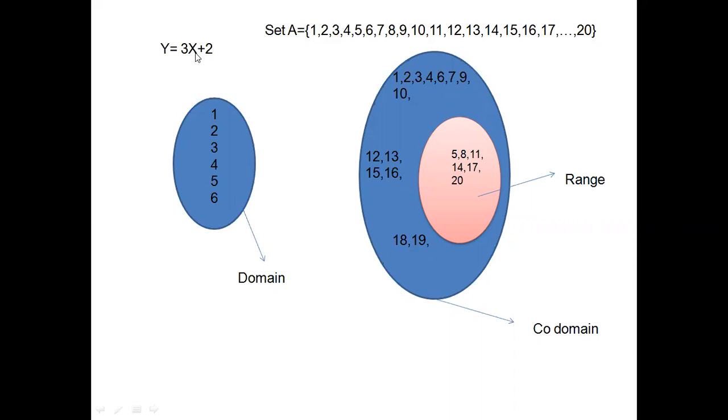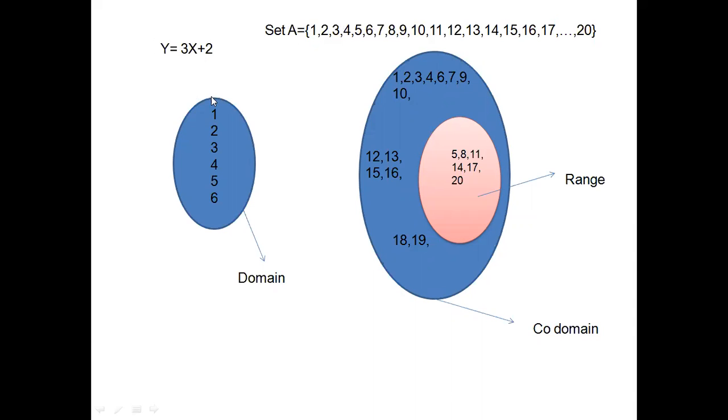If we put 1 in place of x, then we get the value of y as 5. If we put 2 in place of x, then we get 8. If we put 3, then we get 11.